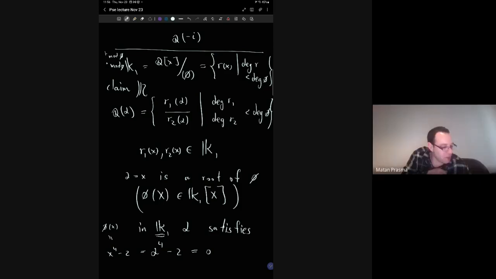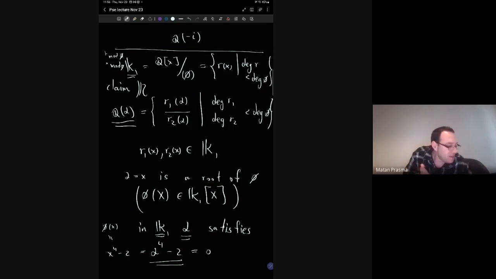So what I'm doing here, K1 is like adjoining a new element alpha, satisfying a relation alpha to the 4 minus 2 equals 0, and doing it in a minimal way because it's the same as doing Q of alpha.